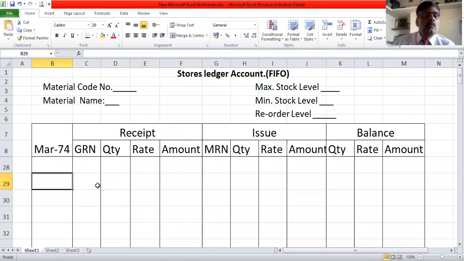The first date, March 1st, there is an opening stock.